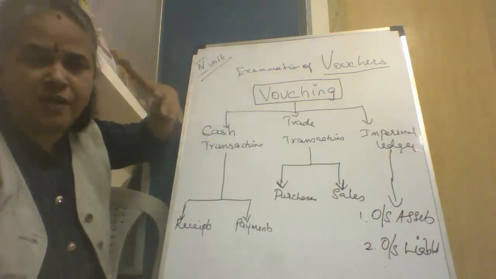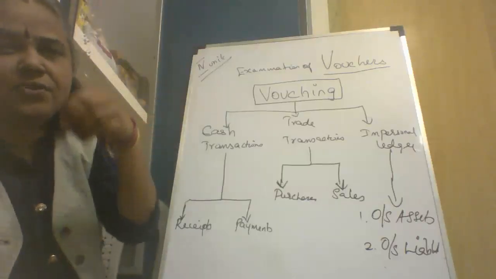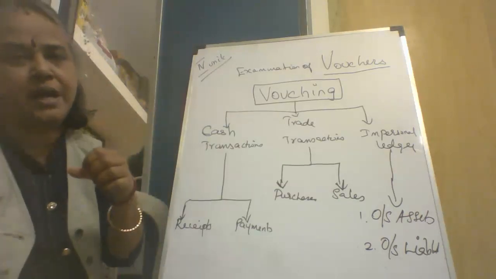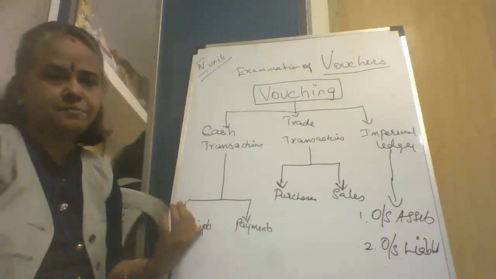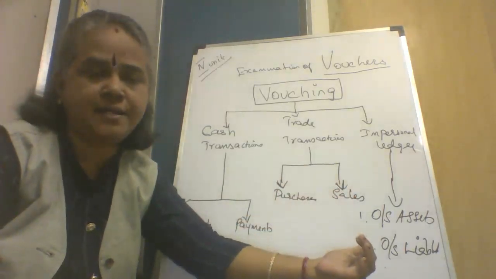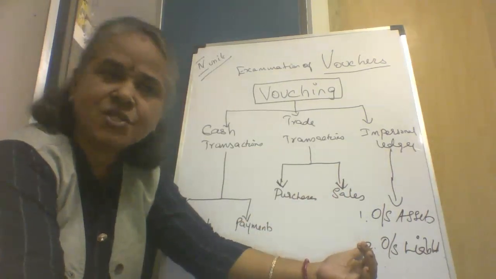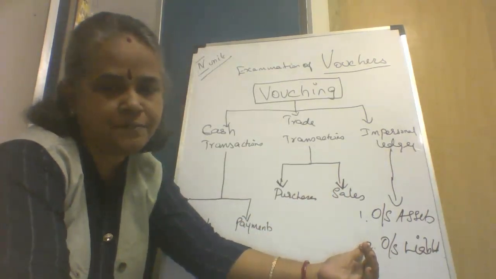He depends purely on the written evidence. Evidence is a proof. Evidence is something which gives you proof for some transaction happened. Those transactions may be a receipt transaction, payment transaction, purchases or sales or anything which may be called as outstanding asset or outstanding liability.